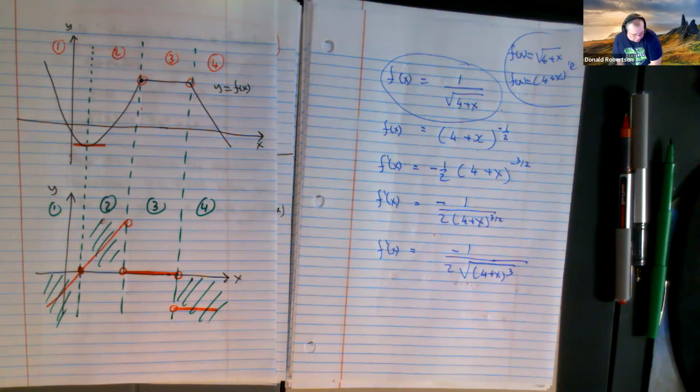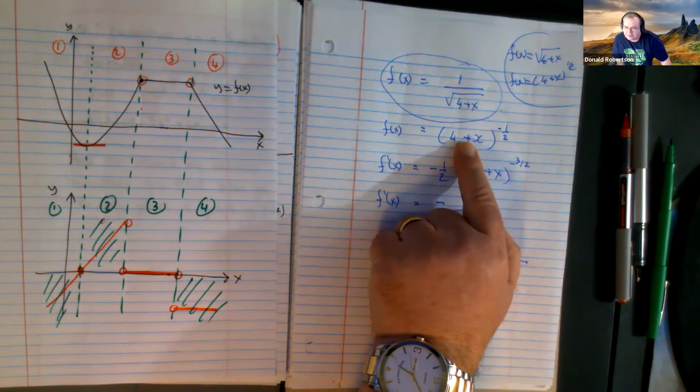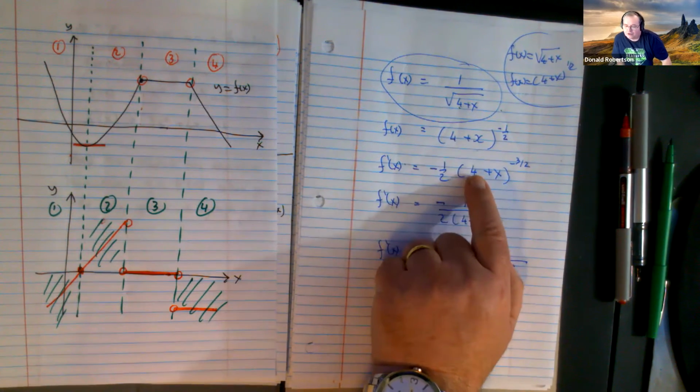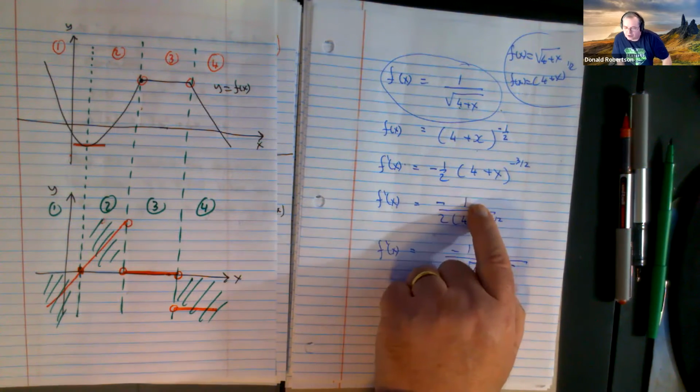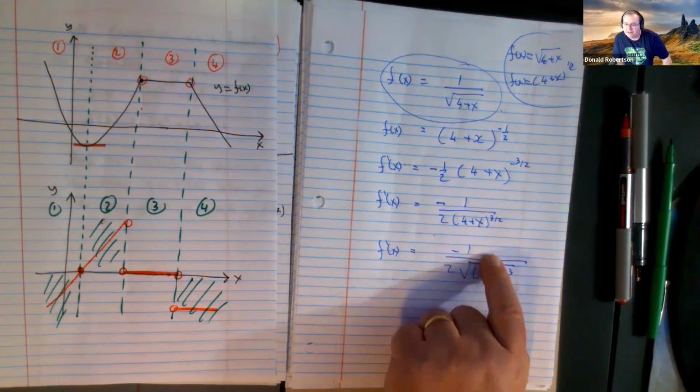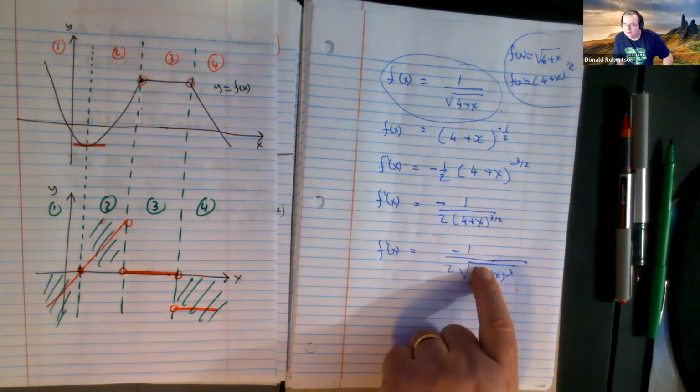Are you happy about that really ugly question? Turn it into a negative fractional power, use the power rule, and then a couple of lines of algebra, make it look like the original.